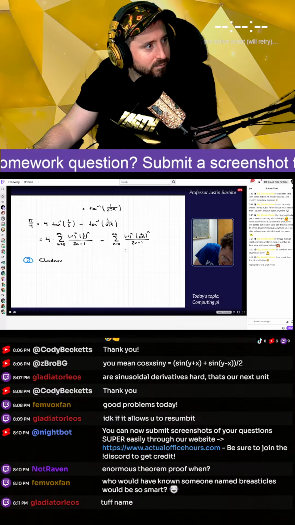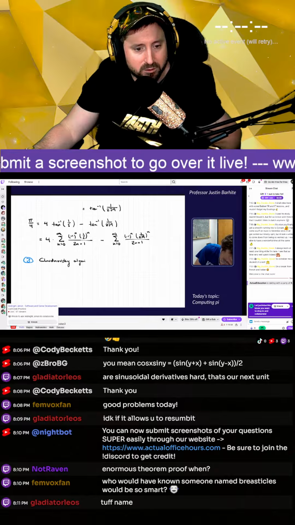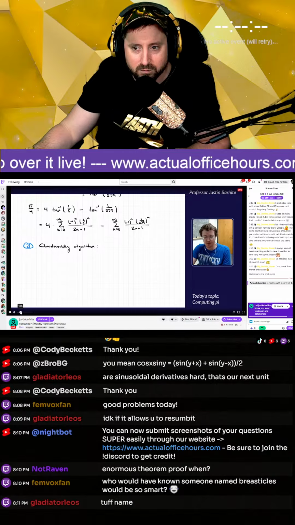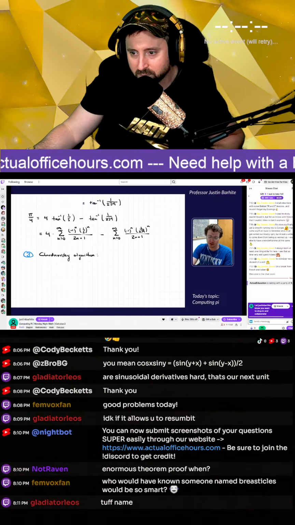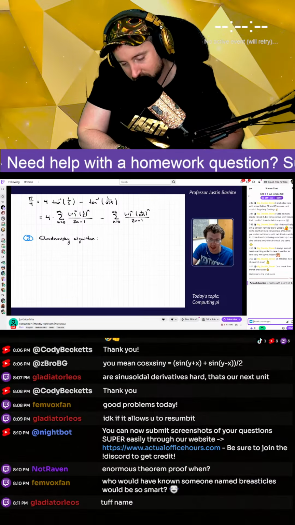The Chudnovsky algorithm. This is much newer than the first two methods. This was, I believe, discovered in the late 1980s.